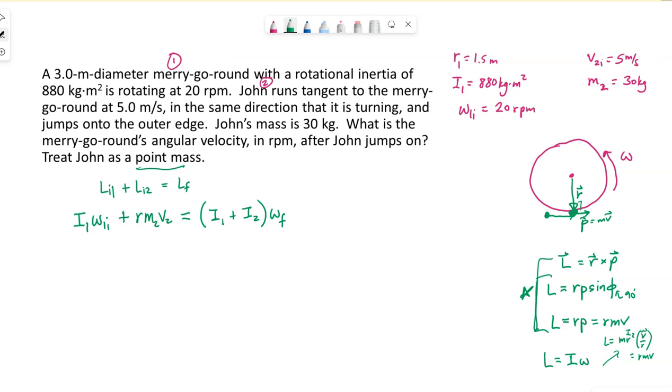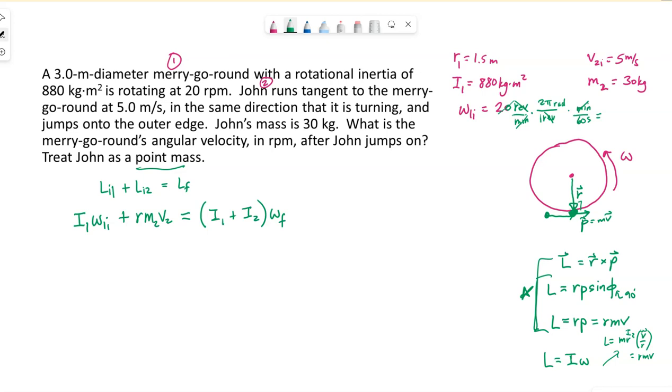Or we end up converting initially our 20 revolutions per minute to radians per second, which is what I'm going to do. So coming up to our omega initial, we know we have 20 revolutions per minute. To convert, we know that 1 revolution is 2 pi radians. That will get rid of our revolutions. 1 minute is 60 seconds, so that's going to get rid of our minutes.